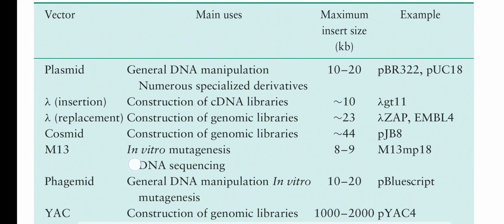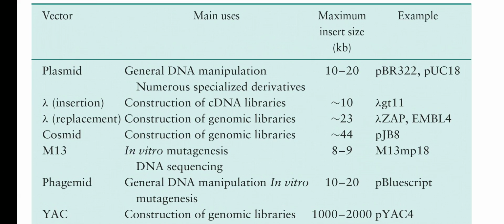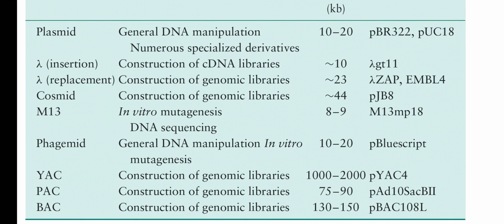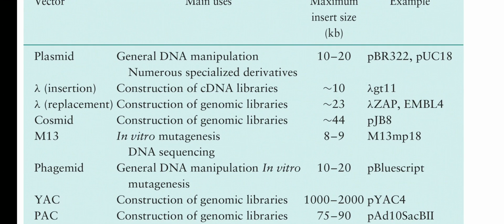Then here are some of the vectors with their main use and maximum insert size. As you can see, in the case of plasmids like pBR322 and pUC18, the maximum size is up to 10 to 20 kilobase, which is similar to PCR. Lambda insertion vectors are important because they are used to construct complementary DNA libraries, with a size also in this range.